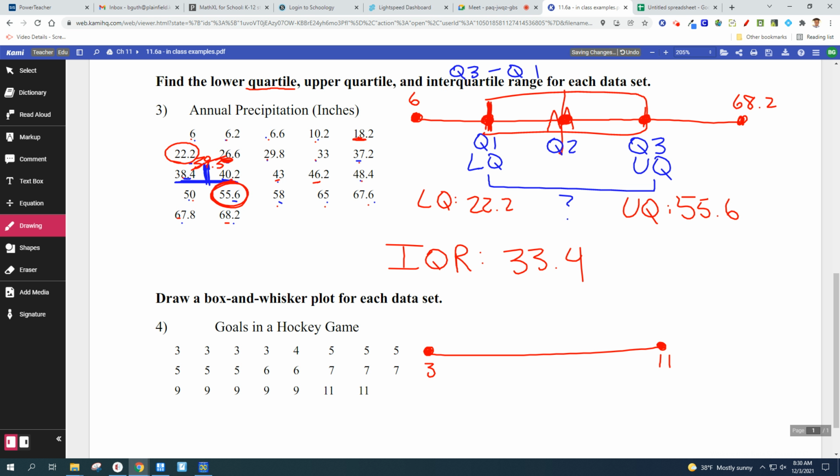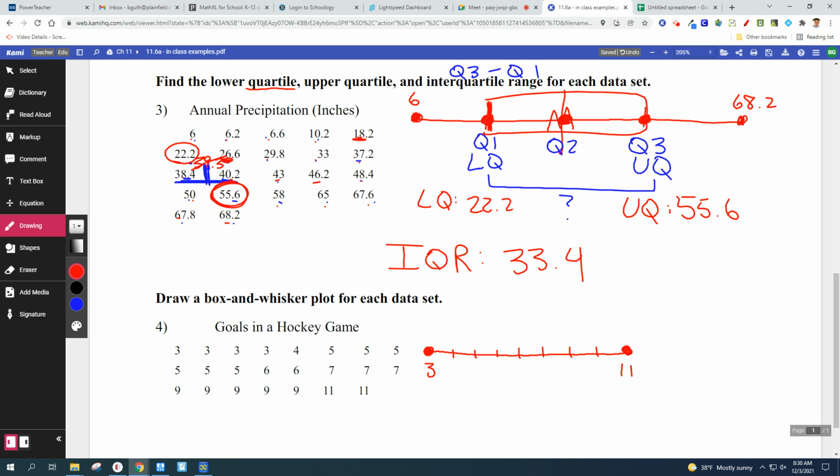So if you want, you can go 3, 4, 5, 6, 7, 8, 9, 10, 11. There we go. I've got the smallest number and the biggest number. All right, so let's find the median. Can you find the median?